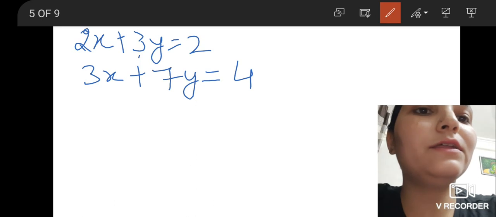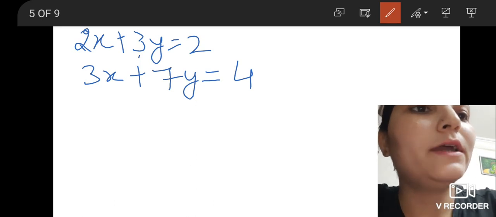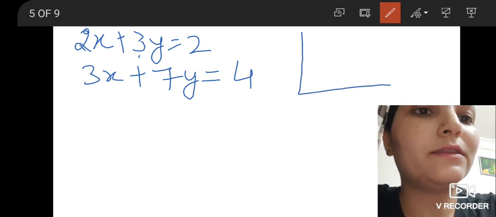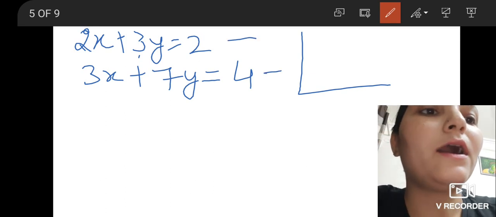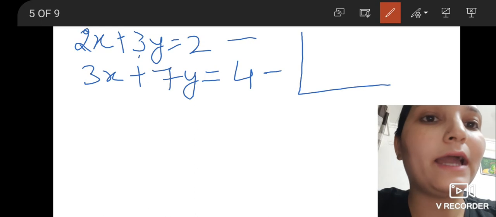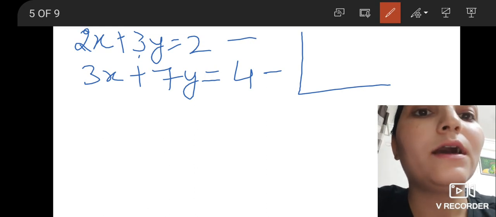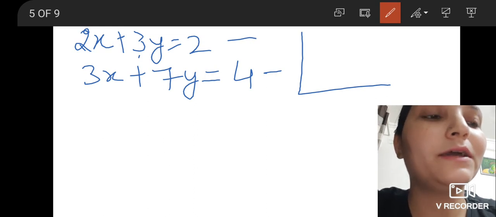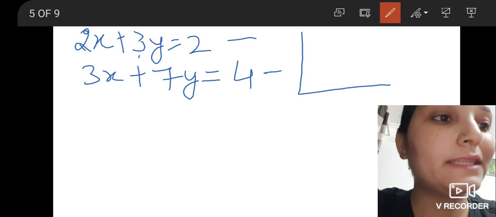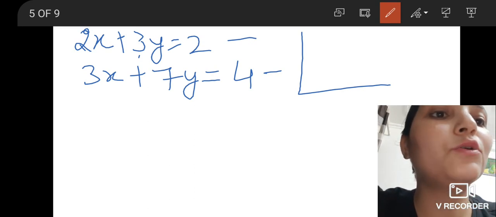We know in a graph they will make two lines, one for each equation, but without drawing the lines, we can conclude from these equations whether they are intersecting or some other type. There are three types of pairs of lines: intersecting, parallel, and coinciding.